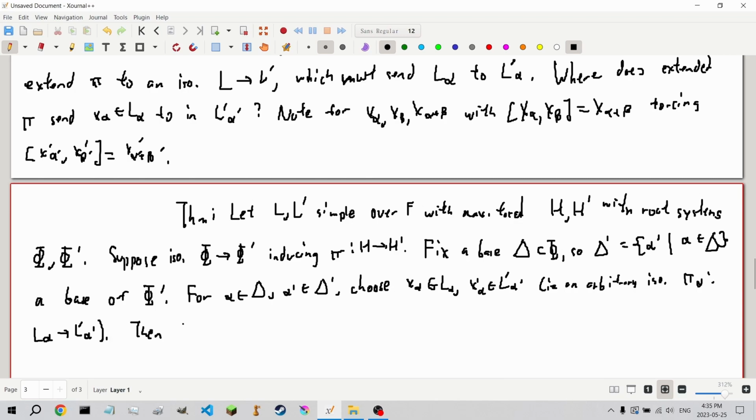And then there exists a unique isomorphism. We can just overload our pi here. Isomorphism extending pi of h to h prime and extending all pi alphas for alpha being a root.